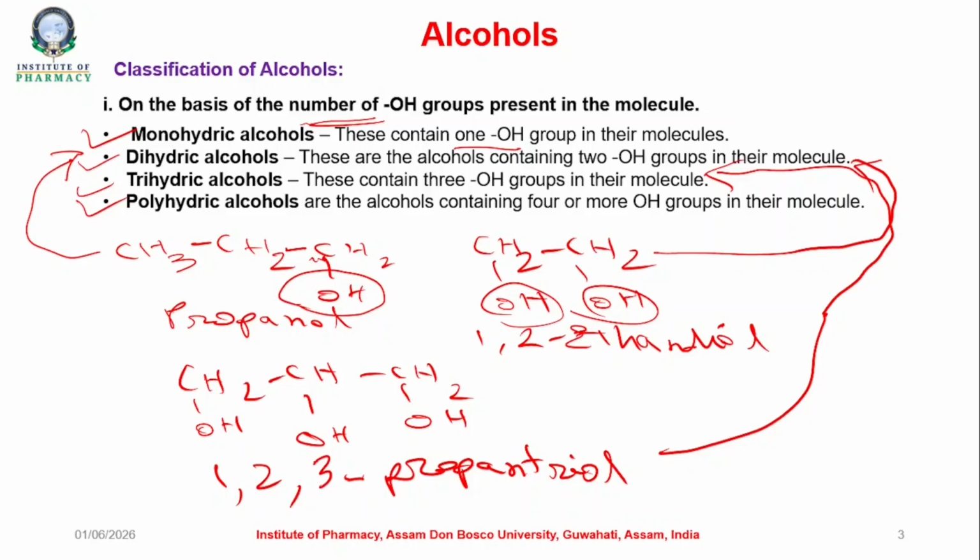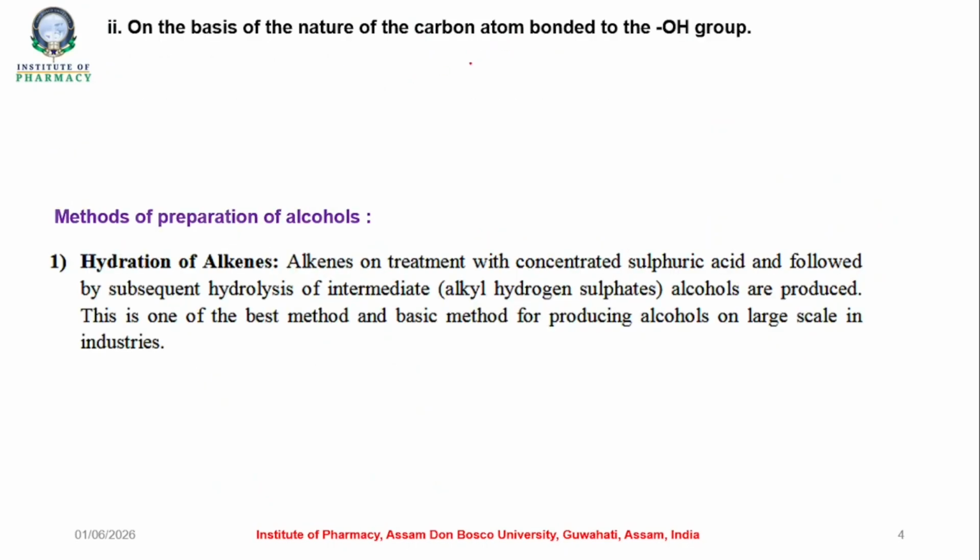Another way to classify is based on the nature of the carbon atom bonded to the OH group. On this basis we can have primary alcohol, secondary alcohol and tertiary alcohol. If we see one example, we will include one alkyl group here, and then hydrogen. This will be an example of a primary alcohol because we have only one alkyl group here.